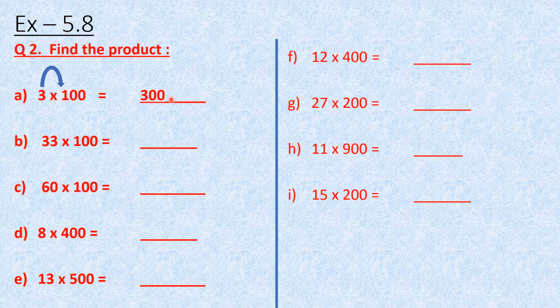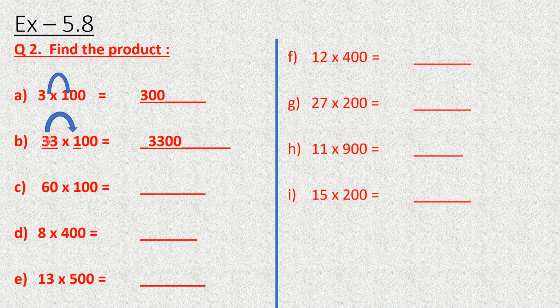So our answer is 300. Again moving to next question, you have to multiply 33 and 100. So we will multiply this 33 and 1. 33 ones are 33 and these 2 zeros you place at the right hand side. So our answer is 3300.